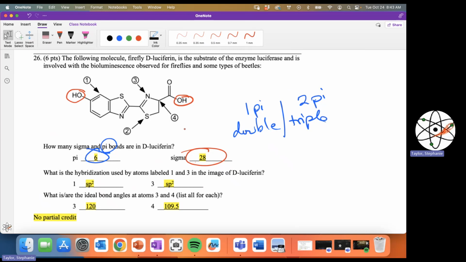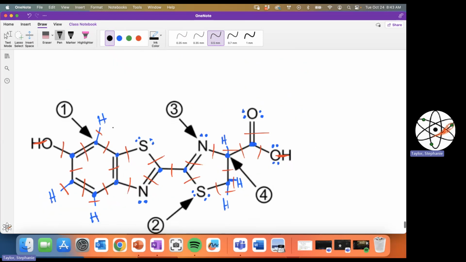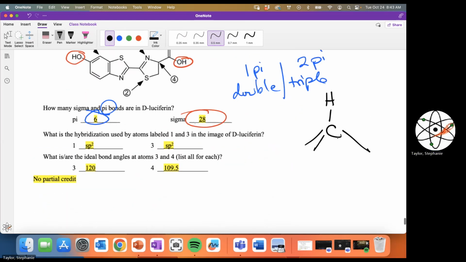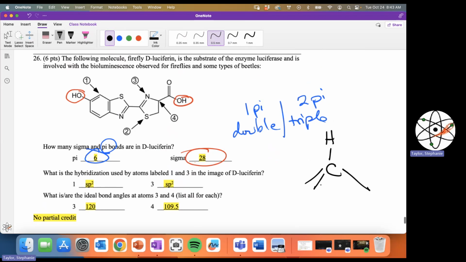Okay, hybridization by atoms labeled 1 and 3. So what I am going to do is I'm just going to redraw those. The one that's 1 is a carbon with a double bond going down and a single bond. That's not a complete octet, which means there's a hydrogen off of it. And if we come back over here, we already decided that. So here it is, but this now has 1, 2, 3 electron domains. 3 electron domains is sp2 hybridized.